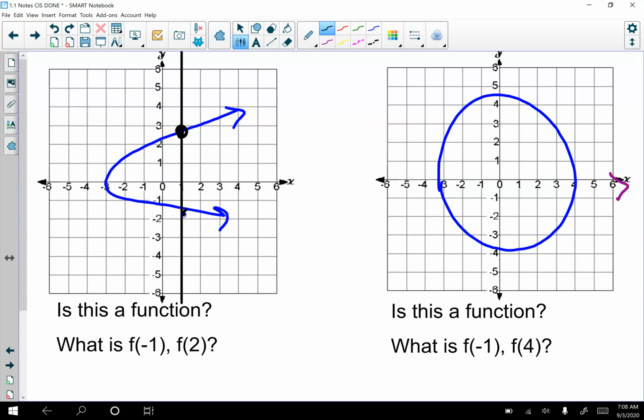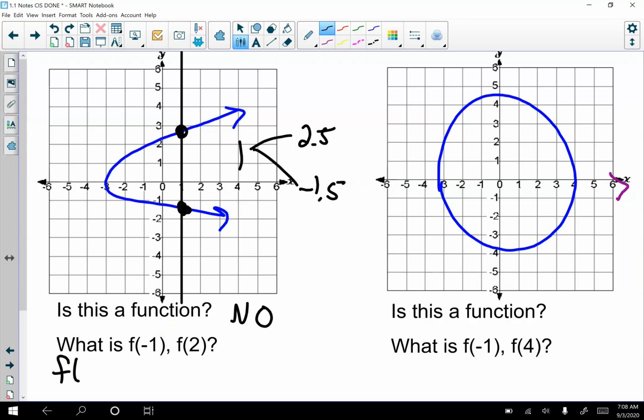Notice that it crosses in two different places. So I would have to say no. Is this a function? No. Because if you look at those 2 points, my x is 1 in both of them, but this one, my y is 2.5, and this one, my y is negative 1.5. So this x does not have one y. And so that would be not a function.